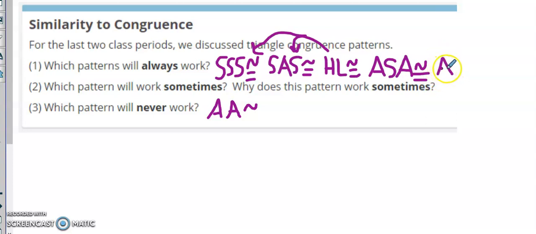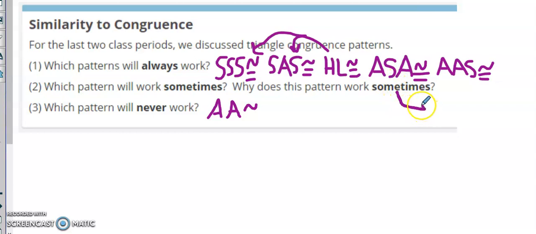And then the second case we looked at was angle-angle-side. And again, angle-angle-side also works as a congruence pattern for the same reason angle-side-angle did. Angle-angle works as similarity, we got a pair of sides with a scale factor of 1, so the triangles will be the same size.